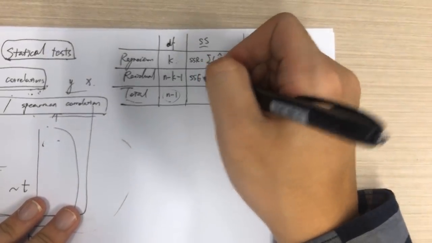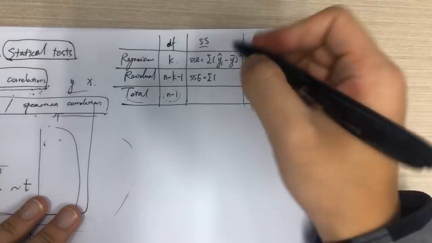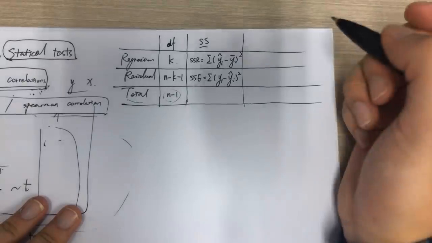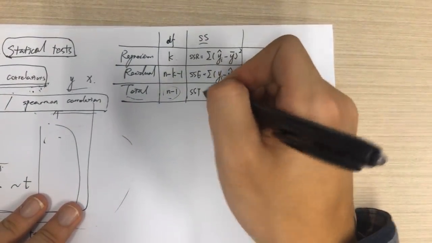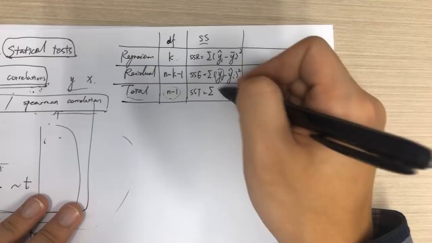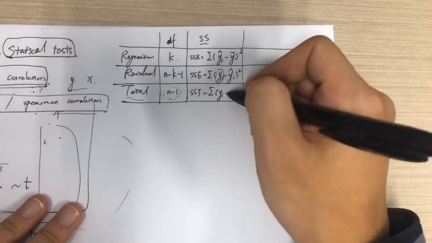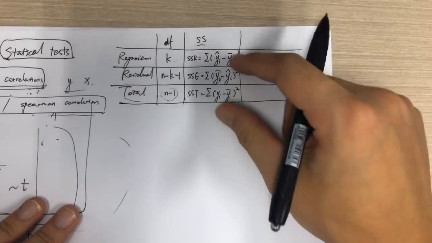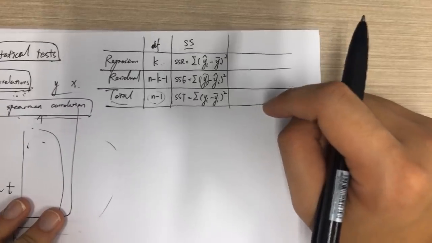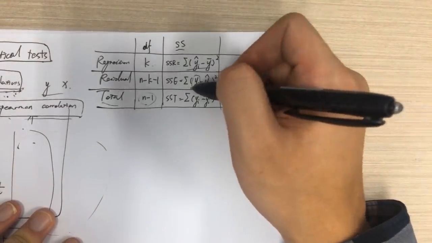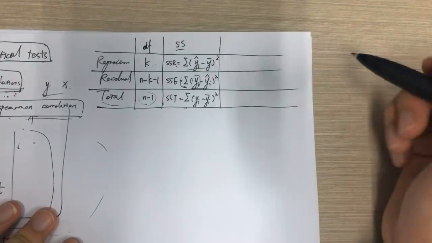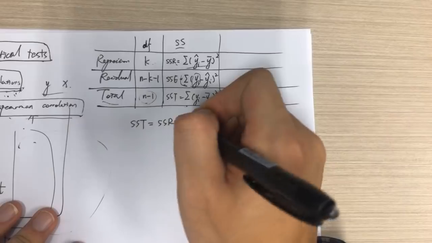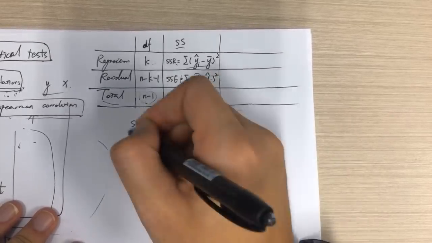And then SSE is the residual sum of squares, so it's the actual y minus y hat, squared. And SST is easy, it's simply the total variation, so it's the actual y minus its mean y bar, squared. Those are the sums of squares that you need to know. I don't think you are asked to calculate SSR, SSE, and SST, but you need to know the relationship: SST equals SSR plus SSE, right?